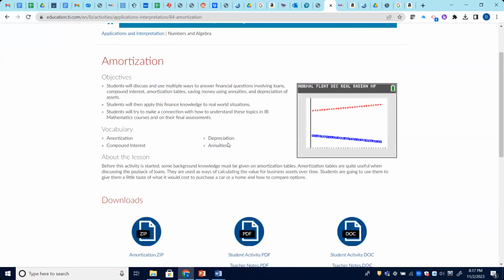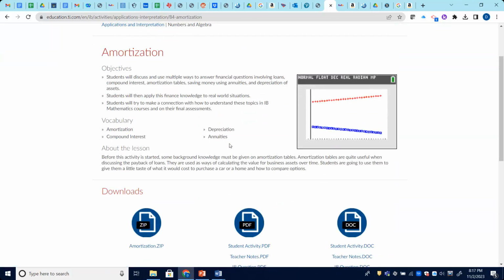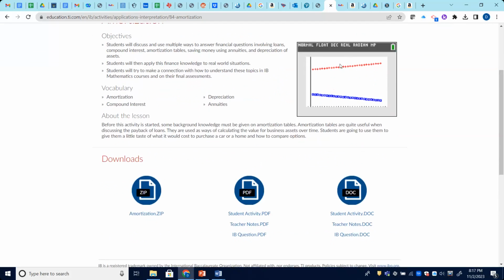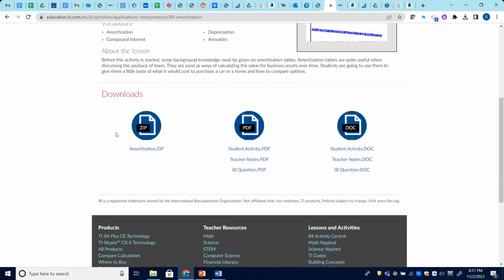From this activity, again, there's an 84 and an Inspire version. Here's what you're going to see when you click on the certain activity tab. You'll see a general overview, maybe a little screenshot of what you're going to do on the calculator. At the bottom, you'll see a zip folder of all the documents, with two versions: a PDF version and a doc version.